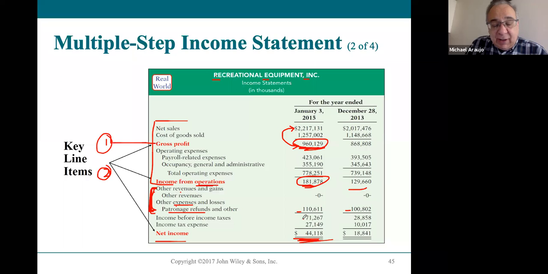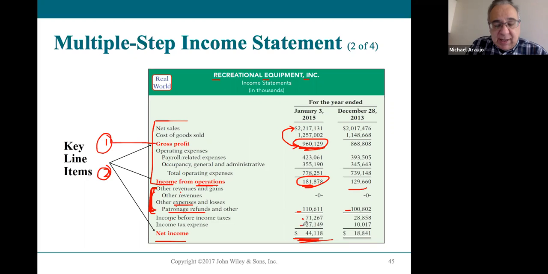What's left, if this is their profit, they have to pay tax on the profit. They have to pay taxes on any net income that they have. So they show what the net income is, or the income before taxes. They will then make a provision for an income tax expense.